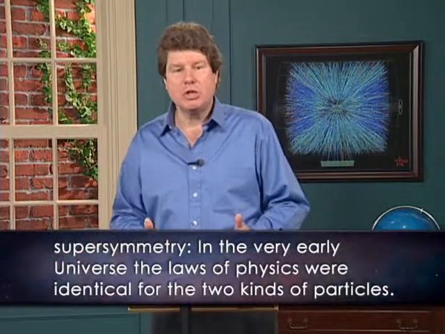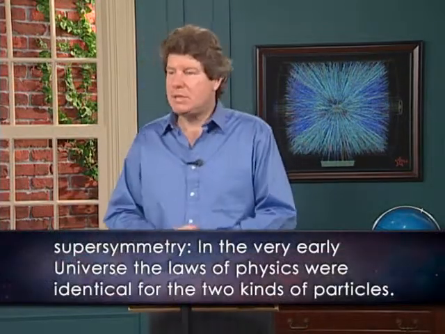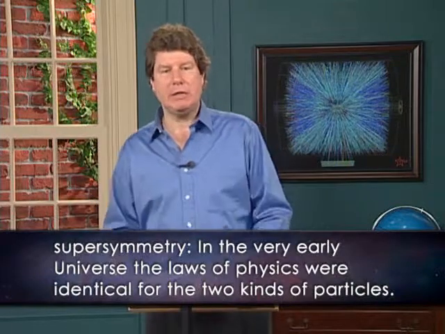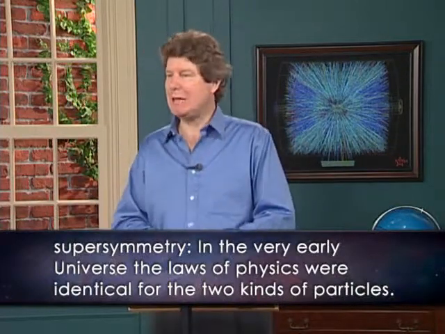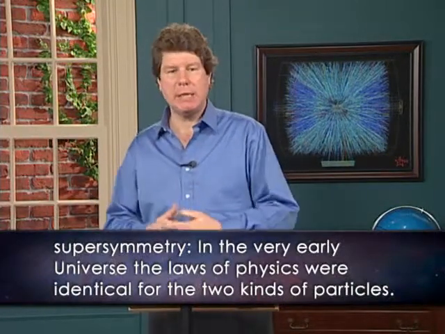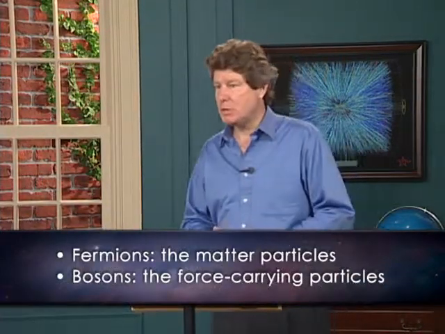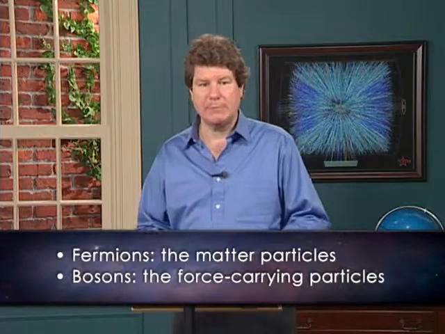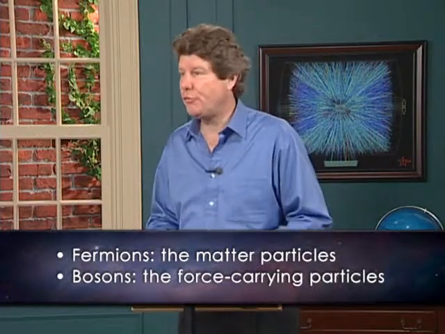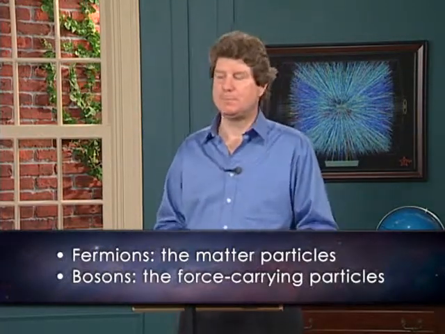So one of these extensions to the Standard Model is called supersymmetry. This theory suggests that in the very early universe, the laws of physics were identical for the 2 great kinds of particles, the fermions and the bosons that we met in lecture 27, the matter particles and the force-carrying particles.